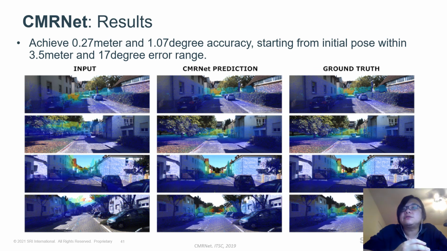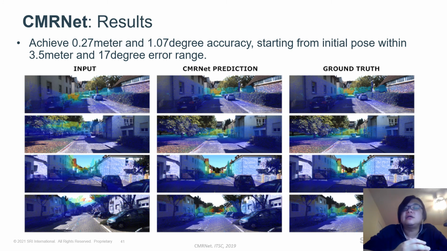Here are some results from CMRNet. Starting from an initial pose within a 3.5 meter and 17-degree error range, they can achieve pretty good results. It's around 0.27 meter and 1.07 degree accuracy.